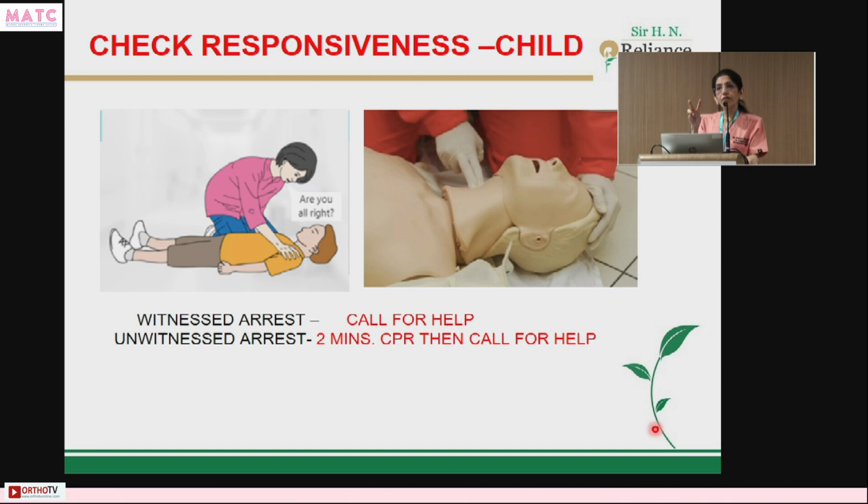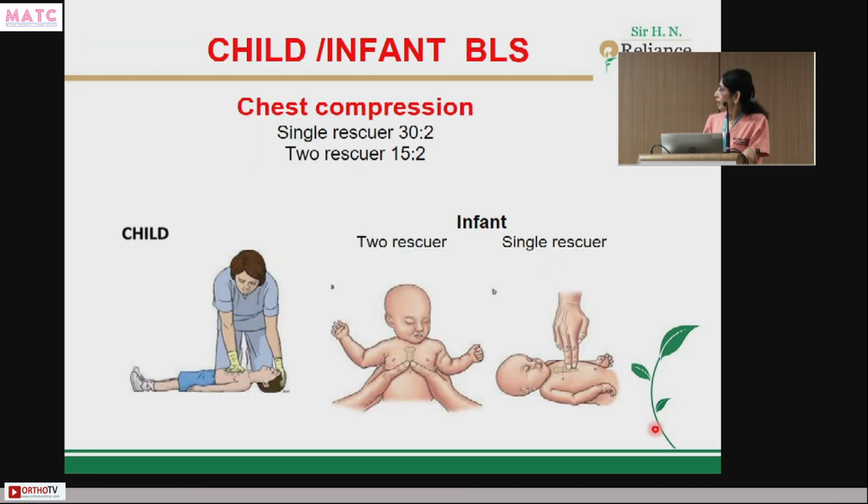Now, if you are two rescuers, in children most of the time arrest occurs because of hypoxia. That is why you give 15:2. So 15 compressions and 2 ventilations if you are two rescuers, and if you are a single rescuer, then 30:2, same as an adult. Now, in case of an infant, you can give the compression with 2 fingers placed at the center of the chest, or you can encircle your hands around the chest and give the compression.